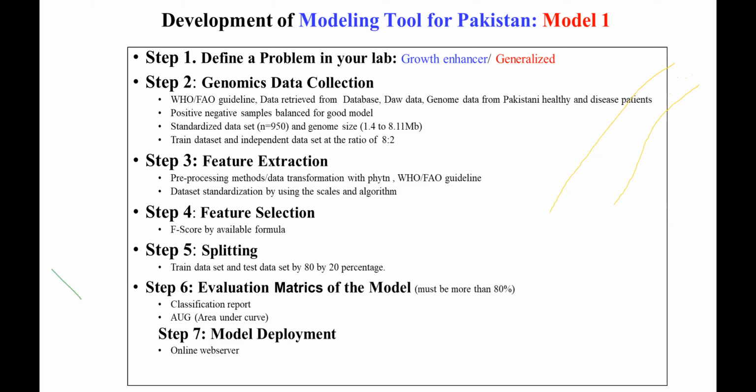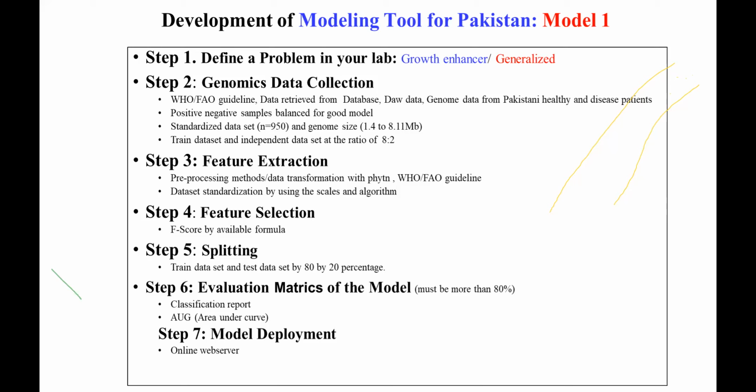At the end, by using different types of statistical tools and algorithms, you can easily evaluate your machine learning model, to see whether the model is accurate or not. So again, it's a time-consuming method to take NCBI data. In step number 7, after taking the huge data from NCBI and extracting the feature selection, you have to split your data and then evaluate it.